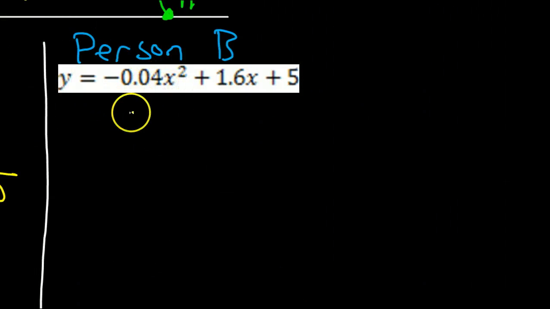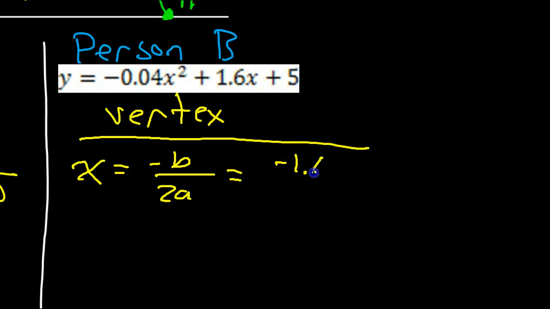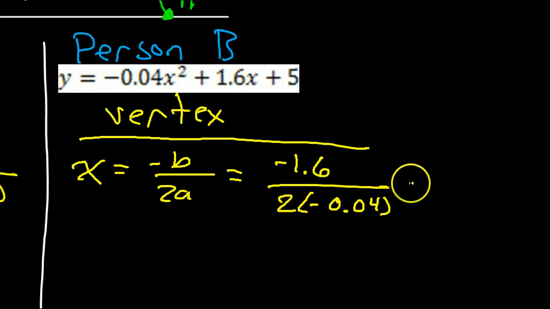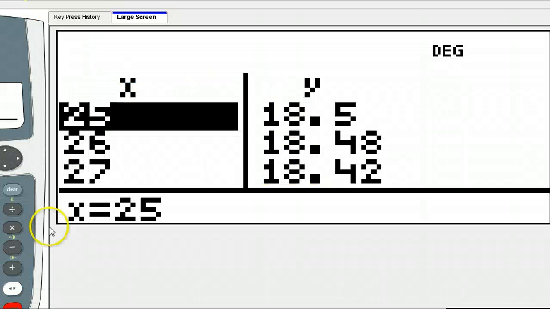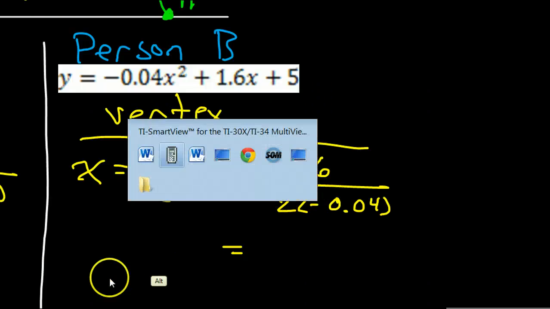So again, the maximum height is going to be the vertex, well, at the vertex. And to find the x value, we're doing opposite of b over 2a. Opposite of b, so that's negative 1.6 over 2a, so that's 2 times negative 0.04. Okay, let's see what that is.